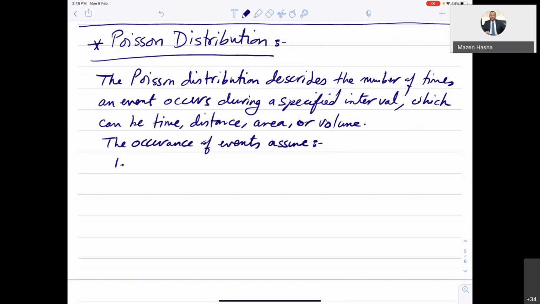The first one is the probability is proportional to the length of the interval.